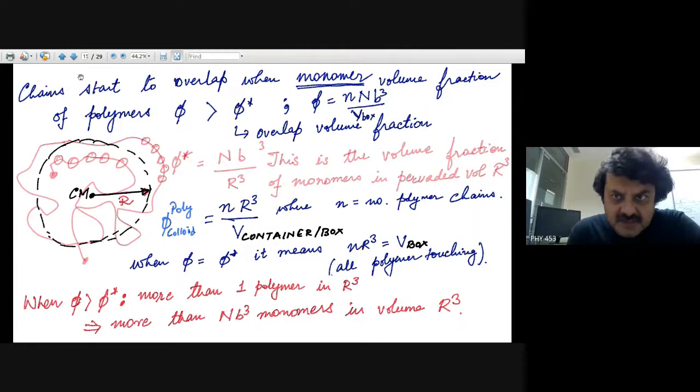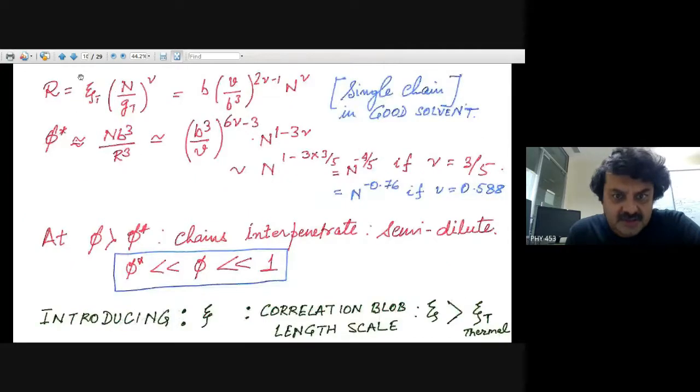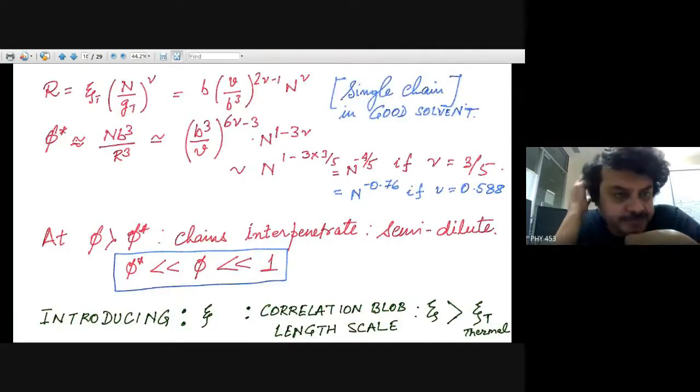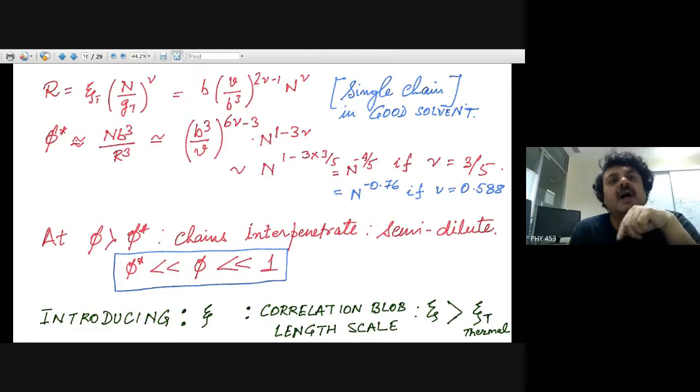Here we are using the standard expression for R for a thermal blob, and we are of course replacing xi T and g T. So this is what we get, and phi star equals N b cube by R cube, right?